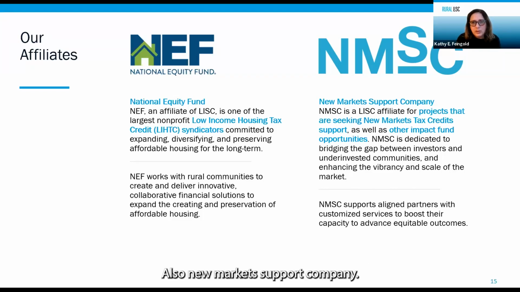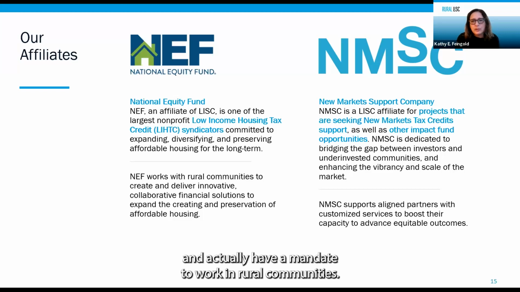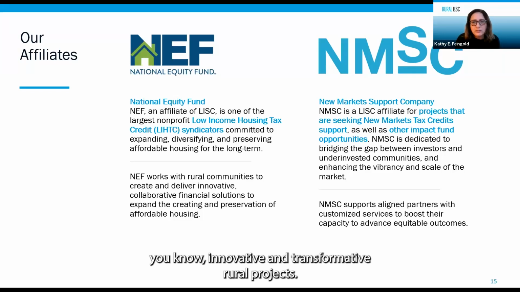Also, New Markets Support Company is LISC's New Markets Tax Credit syndicator. They work in rural communities and actually have a mandate to work in rural communities. So we are always working closely with them to find innovative and transformative rural projects.